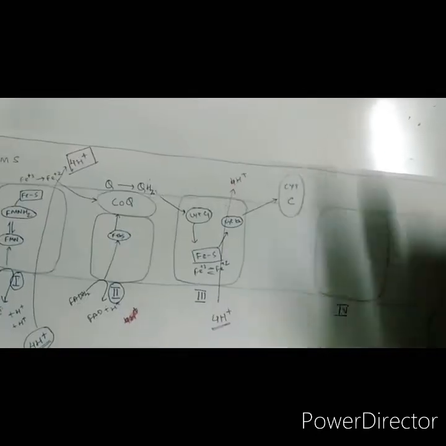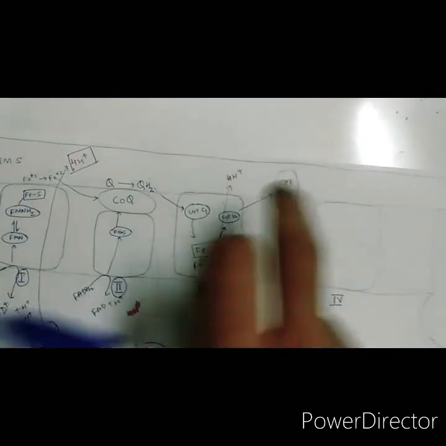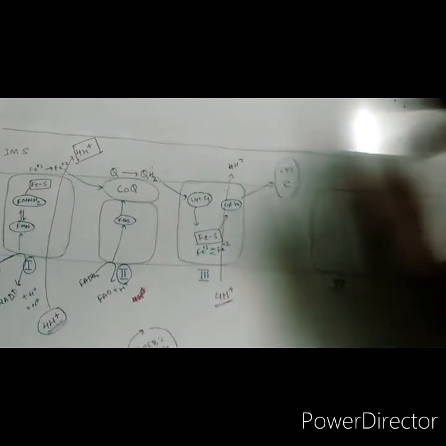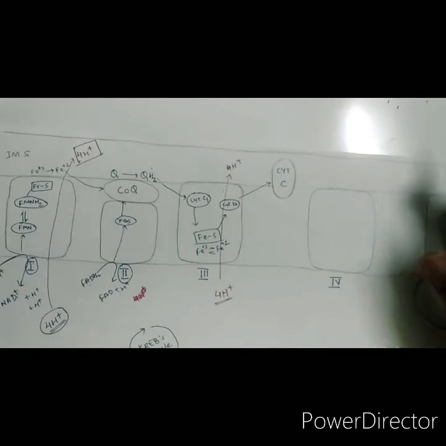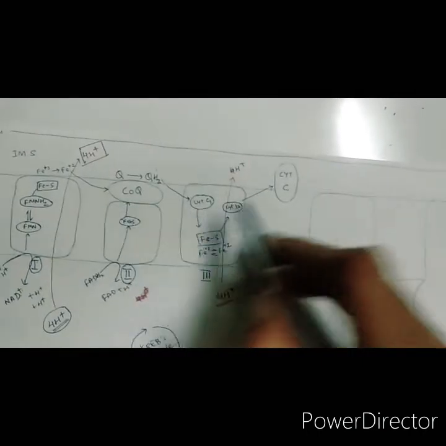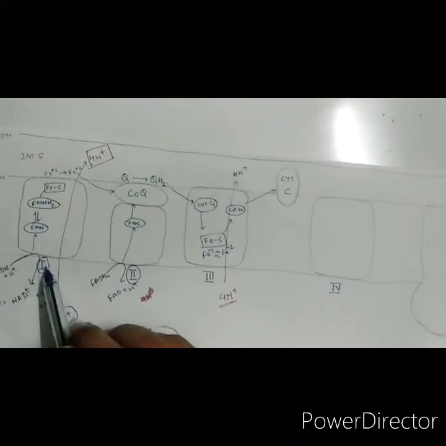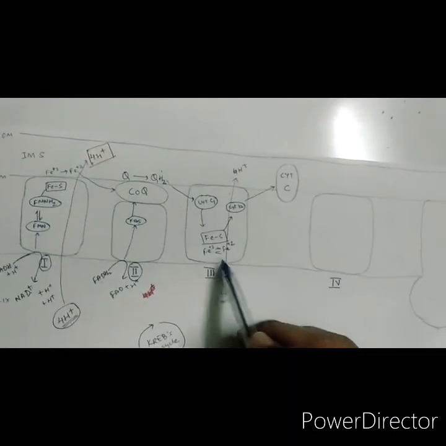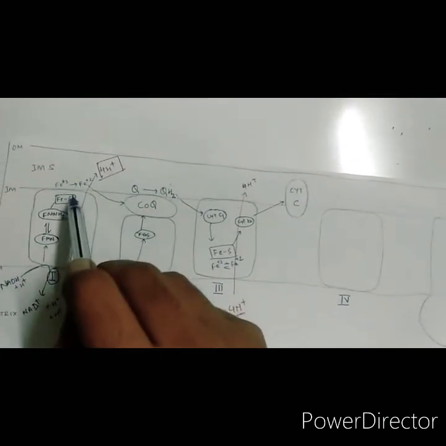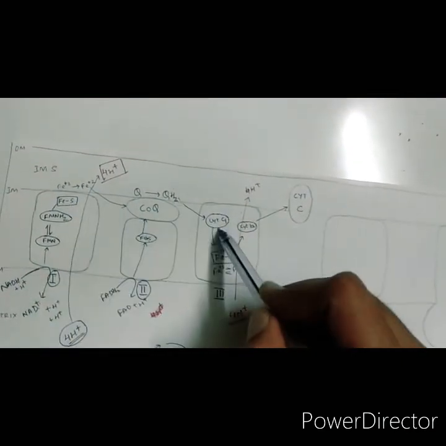Now the important point to remember regarding coenzyme Q and cytochrome C is that cytochrome C is not freely movable in the inner membrane, while coenzyme Q can freely move in the inner membrane, traveling between complex 1 and complex 3, such that the electrons can be easily transferred from complex 1 to complex 3.